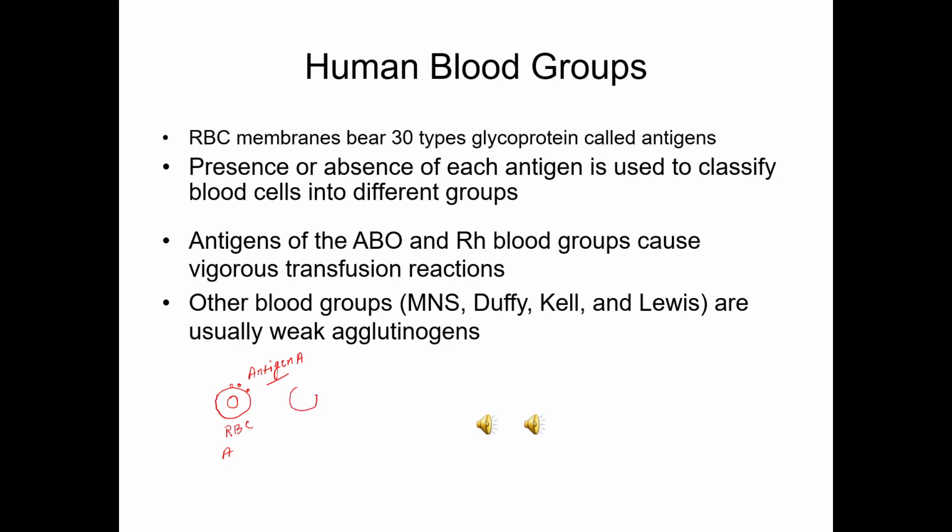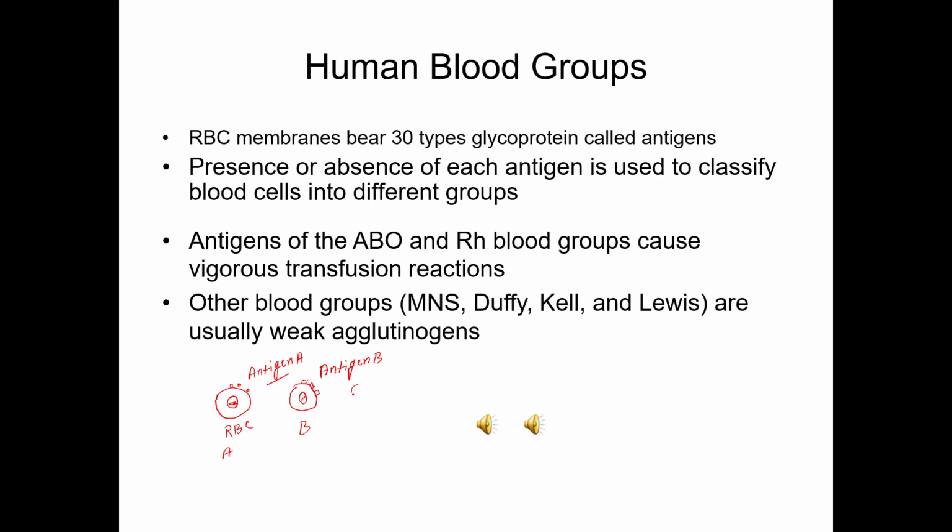If someone's red blood cell surface has different types of antigens, like this is antigen B, then this person's blood type is B. So the blood type is B. Okay.